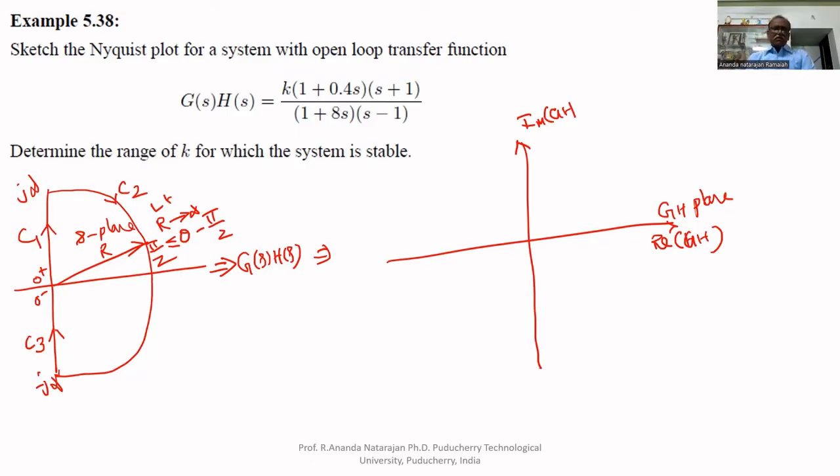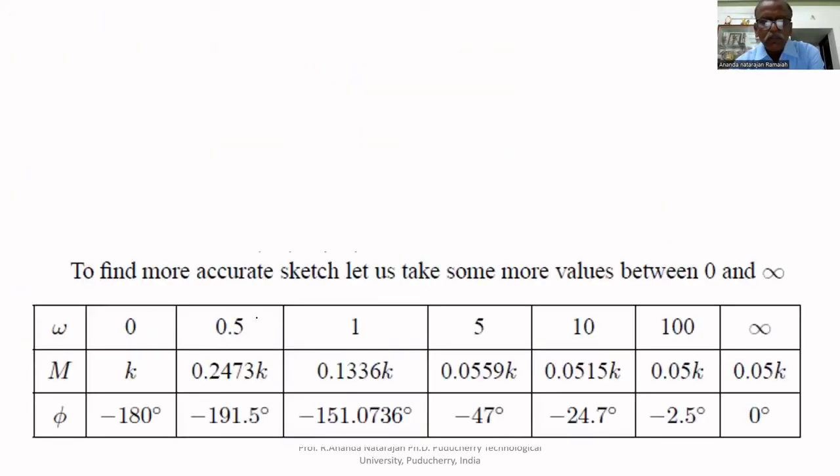Now we have to do the mapping of C1. First, let us do the mapping of C1. To do the mapping of C1, consider what is C1. What is the value of omega? It varies from 0 plus to infinity.